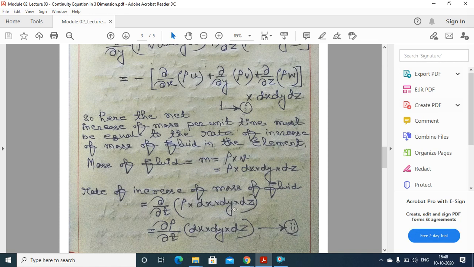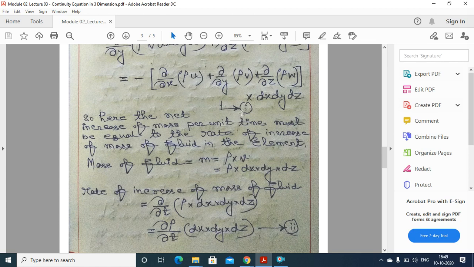So del rho by del t into dx dy dz will be our equation number 2, and this is our total rate of increase of fluid in the element.